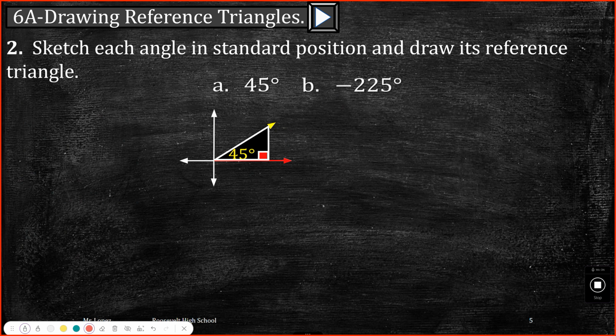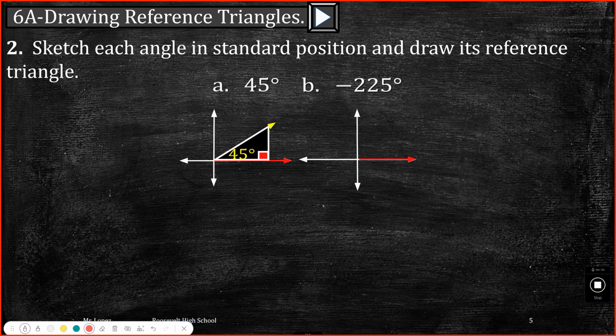All right, let's go to B. Go to negative 225 and draw its reference triangle. After a while, it just becomes repetitive.